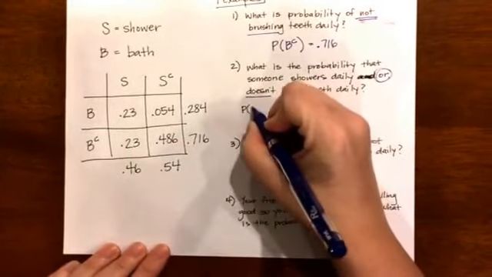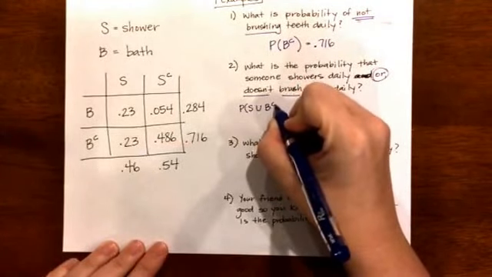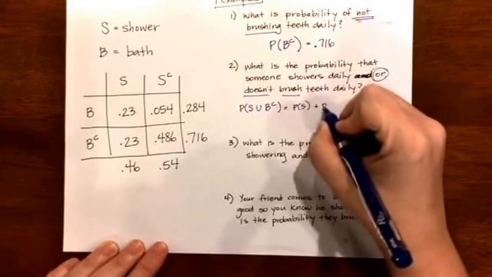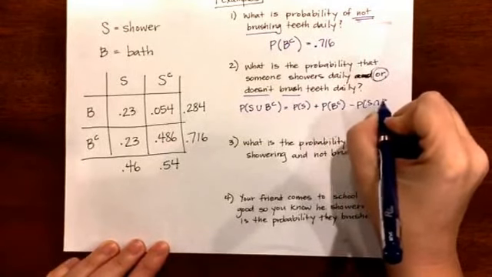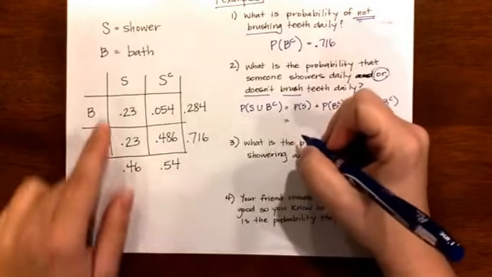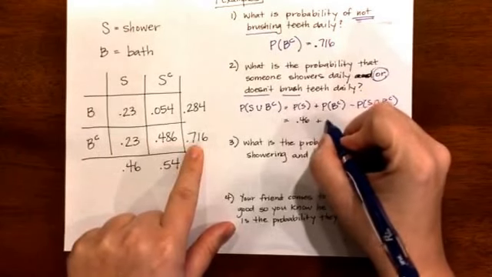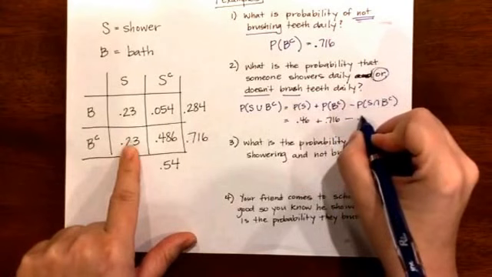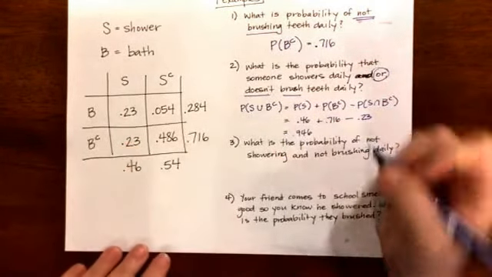Probability that they shower or brush not is the probability they showered plus the probability that they didn't brush minus the probability of shower and brush not. Okay, so that is shower, brush not, minus shower and brush not. All right, not too bad.